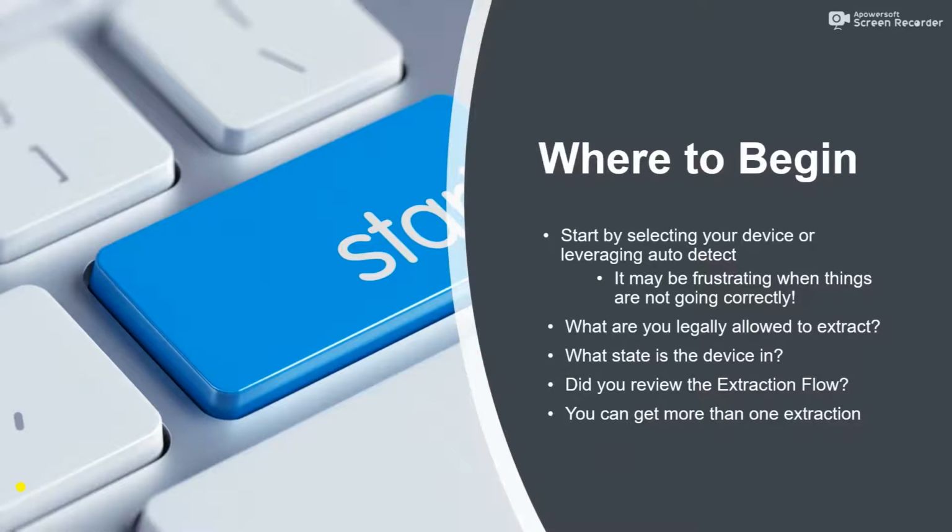Now we actually want to start doing some extractions. So the very first thing you need to do is you need to know what is in your hands. Which device is on your desk? The make and model matter. You really need to either let UFED auto detect and decide for you, or be sure which make and model is there. There's something else that UFED will do called suggested profiles.